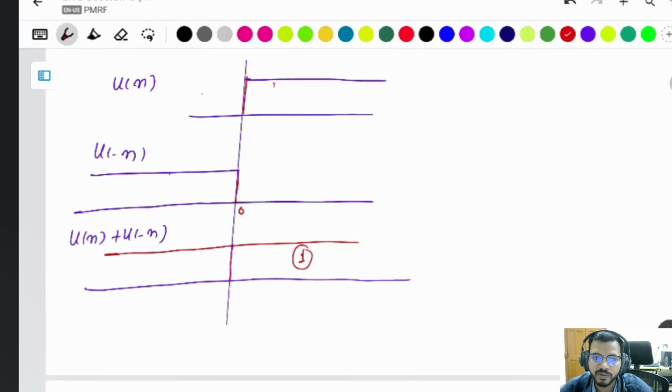Entire signal value is 1 here. Because there is a discontinuity, you can't fix the value at 0. In this case, I have taken half of this one and half of this one, and the whole signal will be 1, at the discontinuous point at 0.